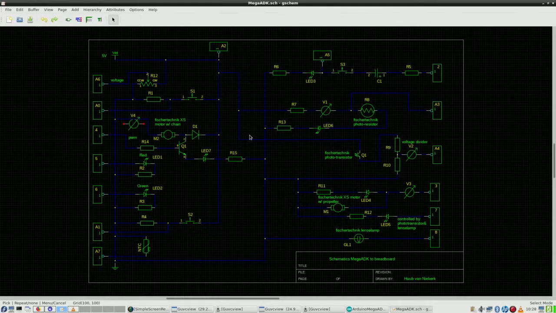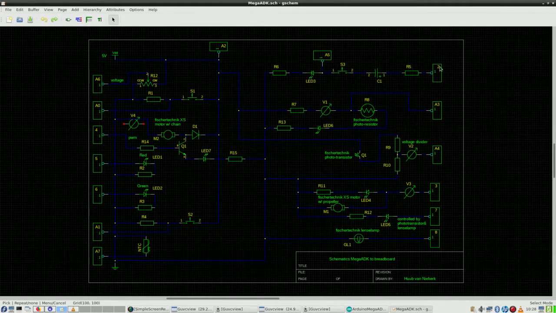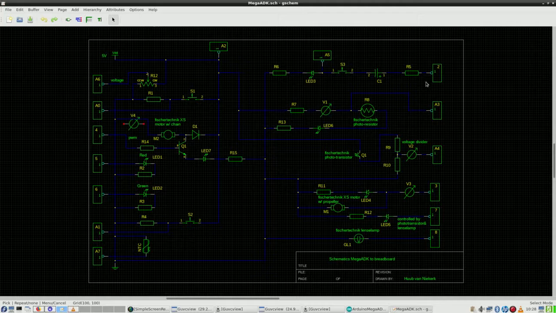So this is one of the very first parts that I actually created. So if I can manage this and get it back to work, who knows what happens.